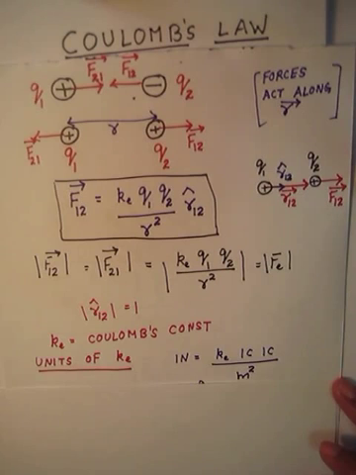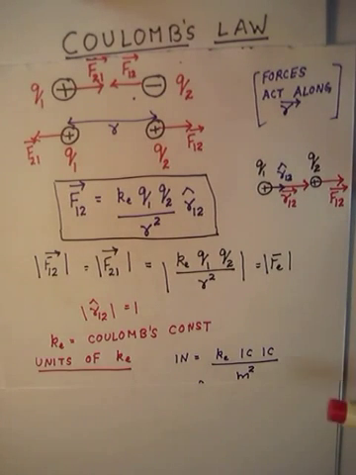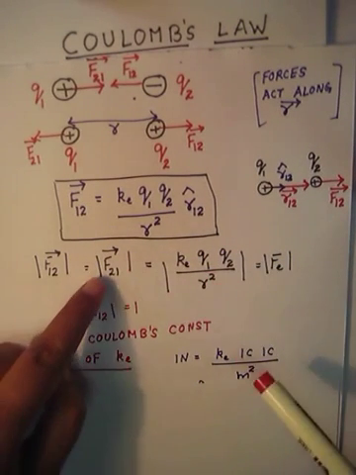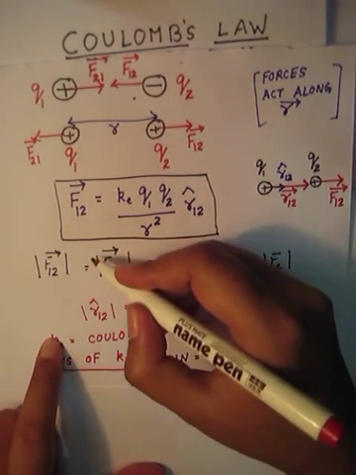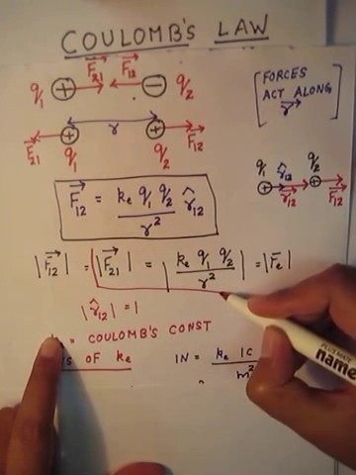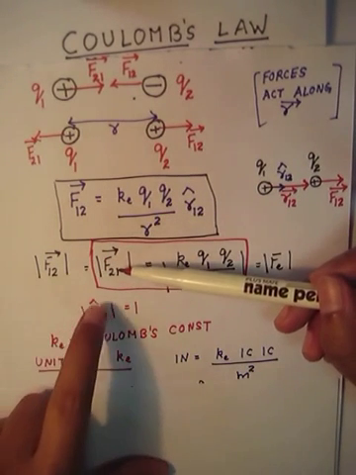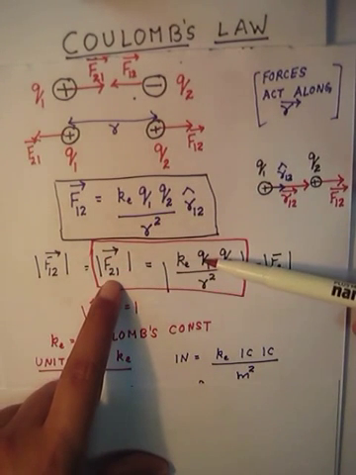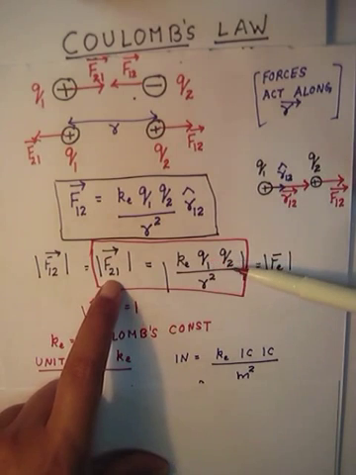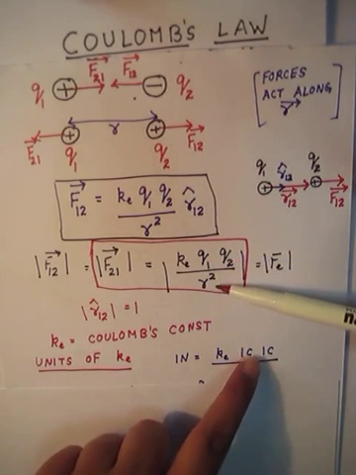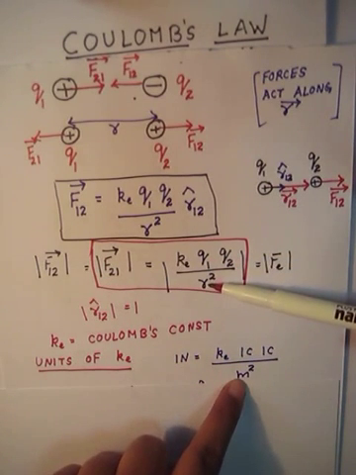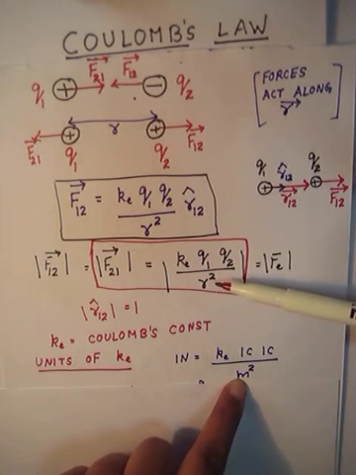And if we have to find out the unit of this constant, it is very easy to find from here. We can use this relation, which is the magnitude part, and because force has a unit of Newton, charge has a unit of coulomb, and R has a unit of meter, it's the distance, so it will be meter squared.